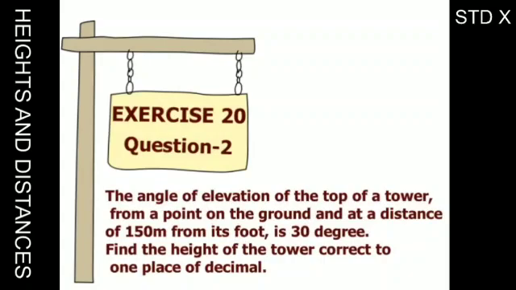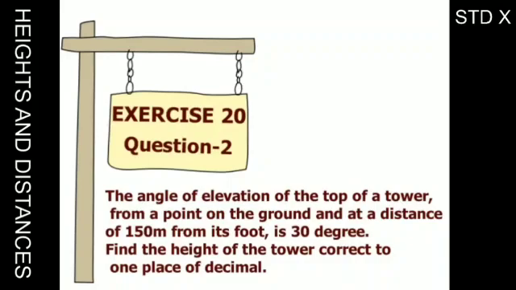Now you see your question. The angle of elevation of the top of a tower from a point on the ground at a distance of 150 meters from its foot is 30 degrees. Find the height of the tower correct to one place of decimal. So what you are seeing here is one tower, and the angle of elevation.